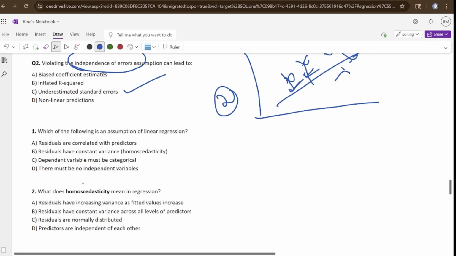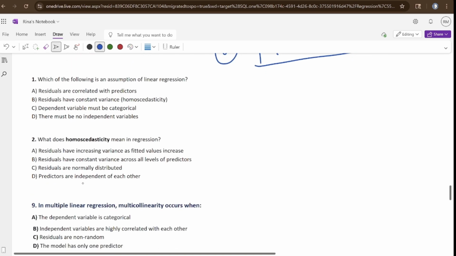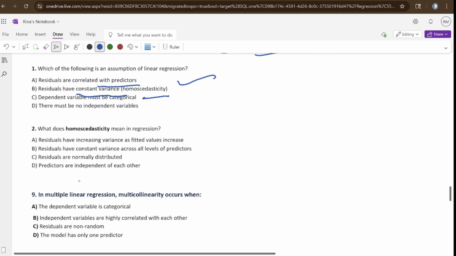That means if this condition is satisfied, then only can you apply the regression model. Now, which of the following is an assumption of linear regression? Residuals are correlated with predictors? Residuals have constant variance, that is homoscedasticity. So what does homoscedasticity mean? Homoscedasticity means residuals have constant variance across all levels of predictions.